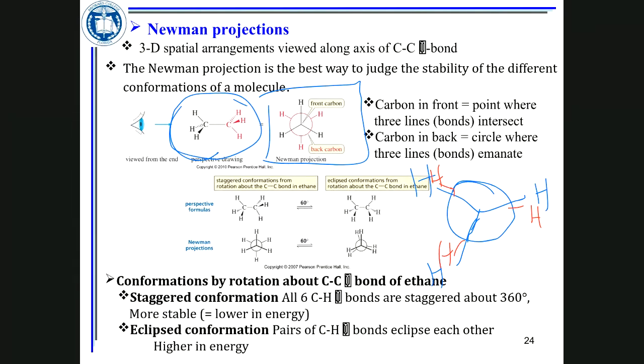So if this is the eclipse structure for ethane, for the Newman projection for staggered, you're going to draw one circle, a full circle, with the full bond length for the hydrogens on the carbon in your view.